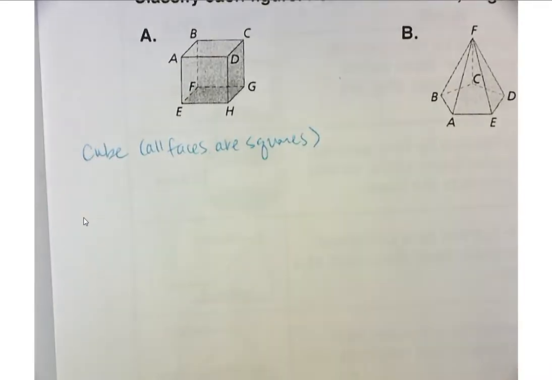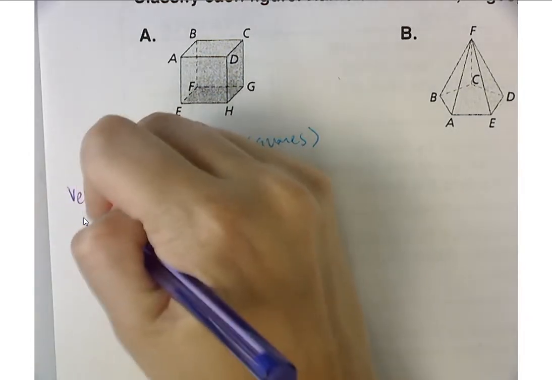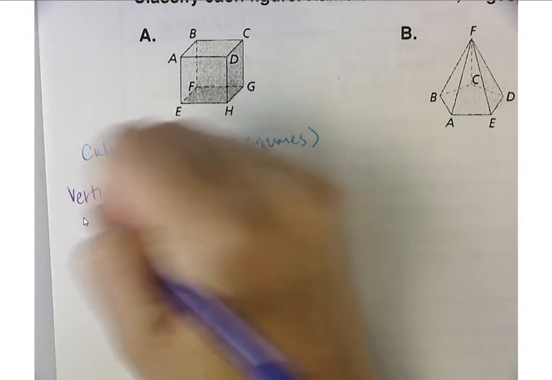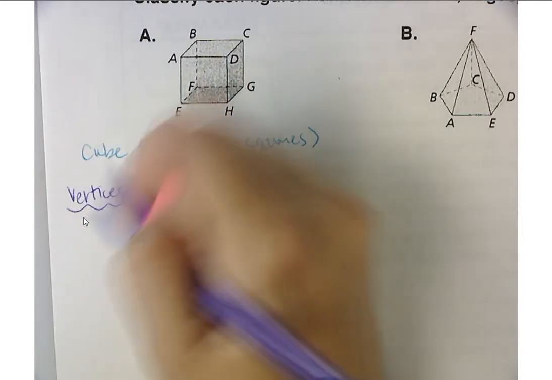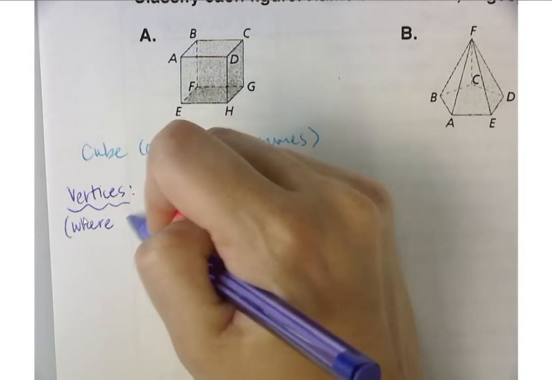Now the vertices are going to be where two edges meet. So the vertices are where two edges meet.